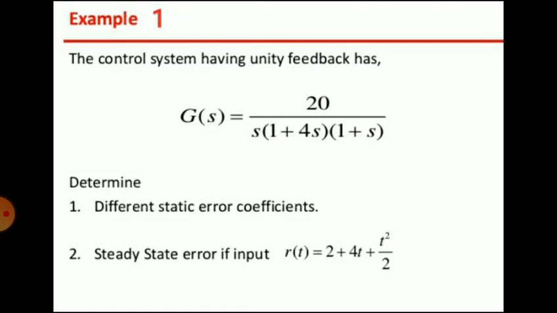We have to determine the static error coefficients Kp, Kv and Ka, and then determine the steady state error if the input r(t) is 2 plus 4t plus t square by 2.